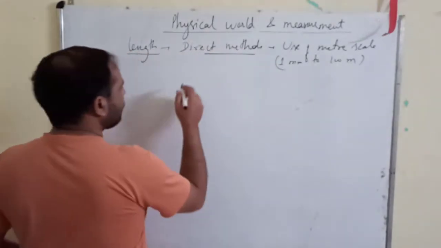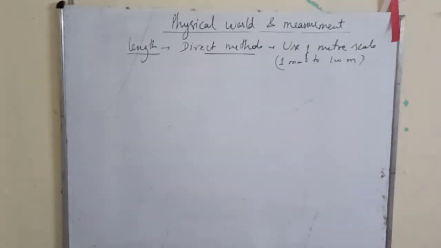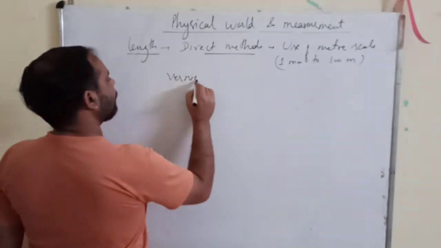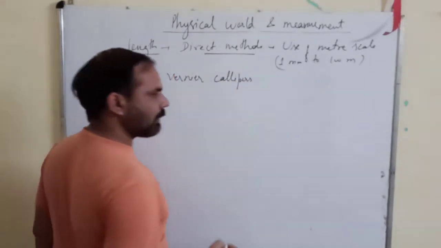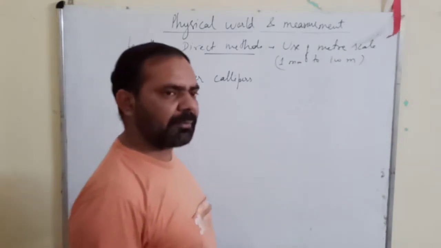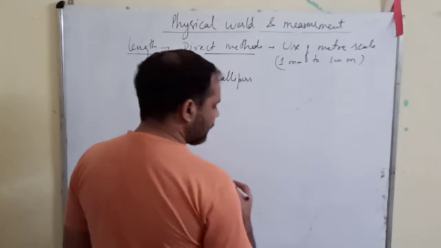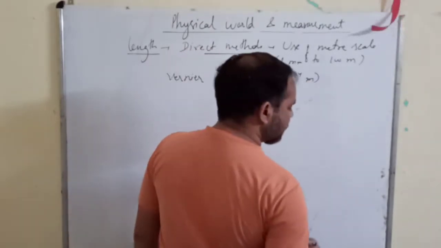Then we have an instrument named vernier calipers. This is again an instrument which is used to measure small lengths, and it can measure up to 10 raised power -4 meters.